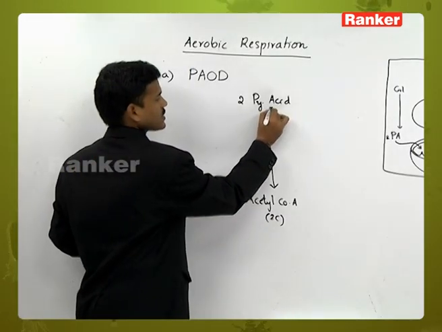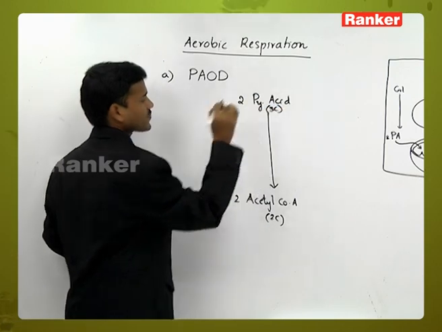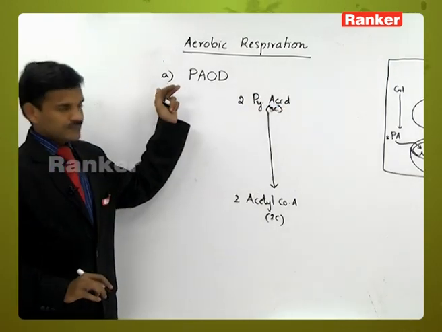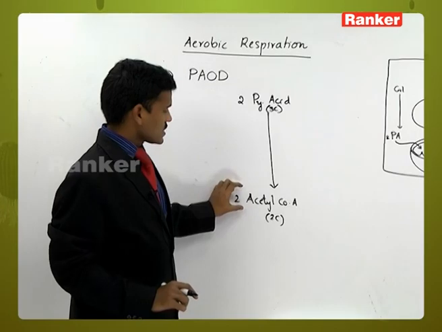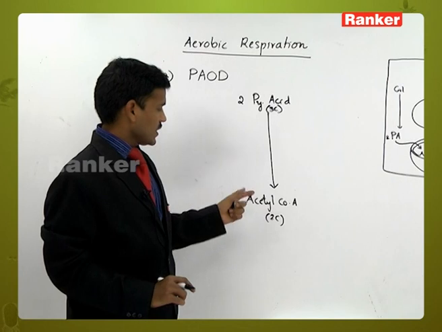Pyruvic acid is a 3-carbon compound. So pyruvic acid is converted into two molecules of acetyl coenzyme A.